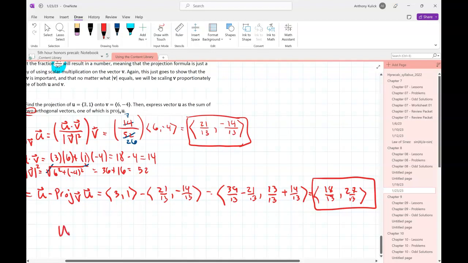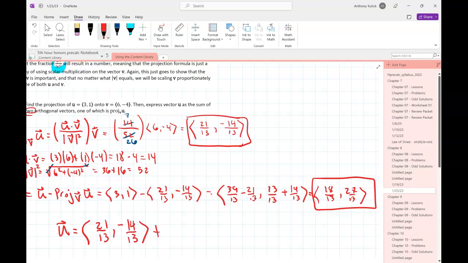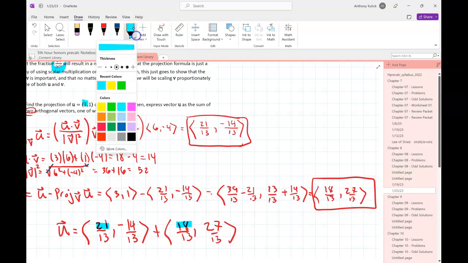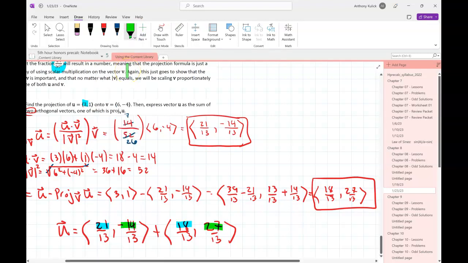So in the end, I can say that U is going to be 21 over 13, comma, negative 14 over 13, plus 18 over 13, comma, 27 over 13. And if I wanted to check, 21 plus 18 is 39, divided by 13 is 3. And negative 14 plus 27 is 13. 13 over 13 is 1. So I am quite confident that I've done that correctly.